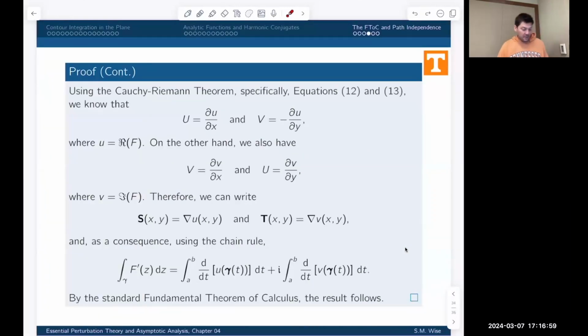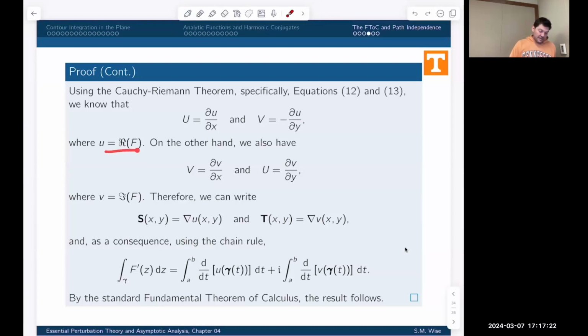Okay, using Cauchy-Riemann, I thought was simpler than this, but I forgot my own proof, okay? Using the Cauchy-Riemann theorem, we know that u is equal to du dx and v is equal to du dy. That's because f is complex analytic, and so we know what the Cauchy-Riemann equations say.